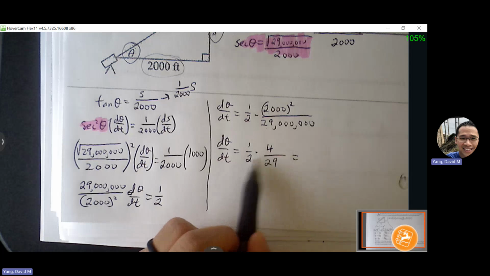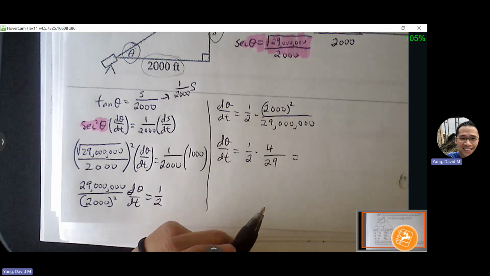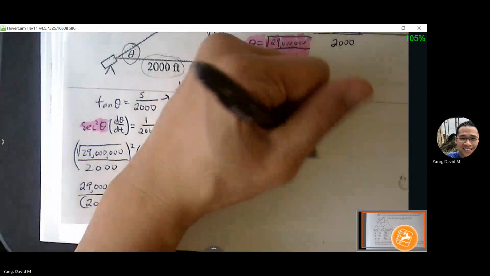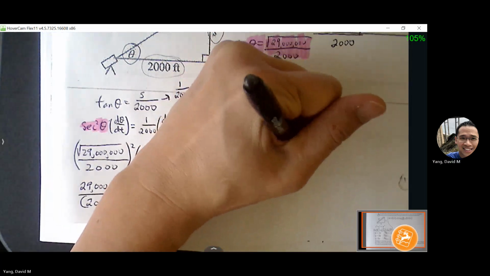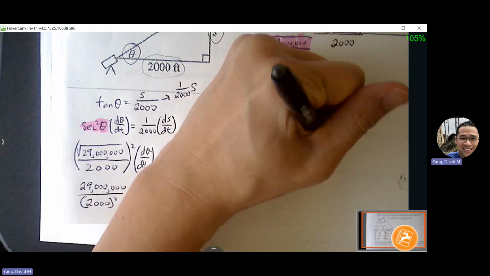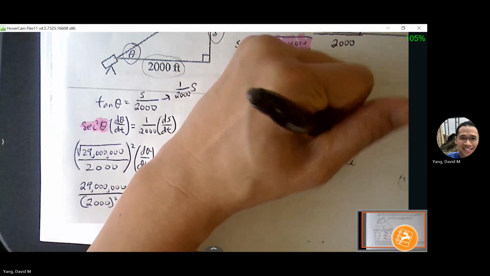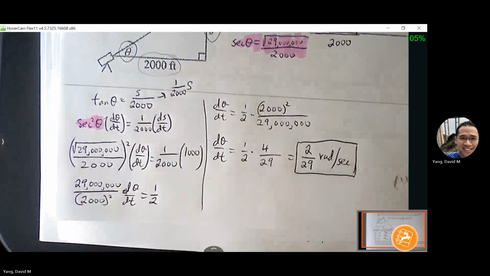I can continue to reduce. The 4 over 2 becomes just 2 up top. So I get 2 over 29. That's my answer. What's my unit of measure? Radians per second.